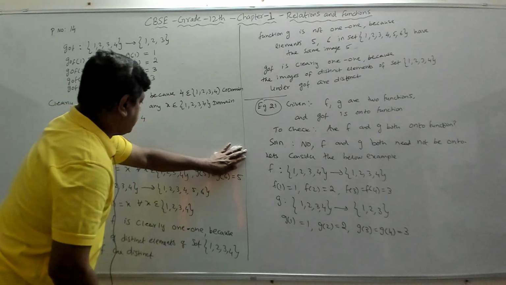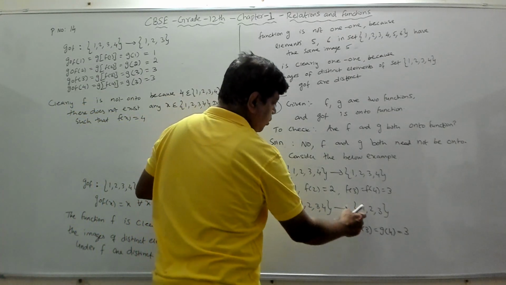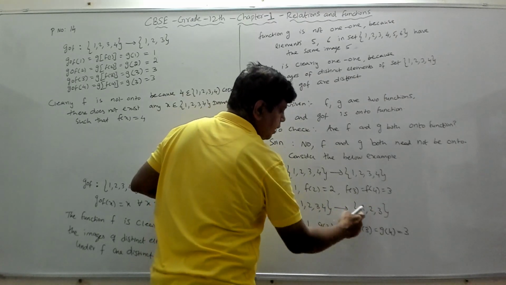Right? And g is onto, because these 4 elements are going to all the 3 elements here.